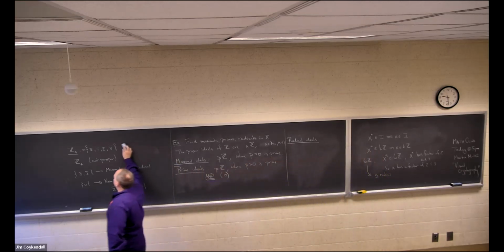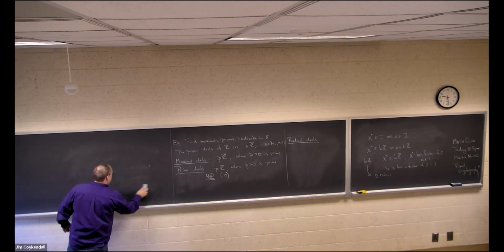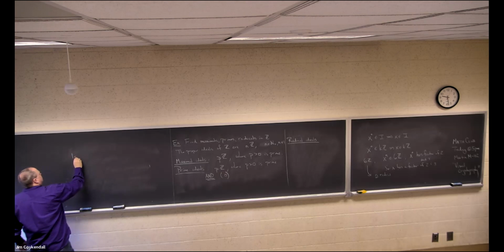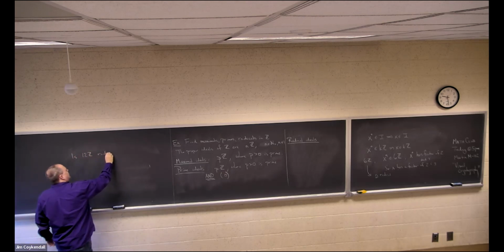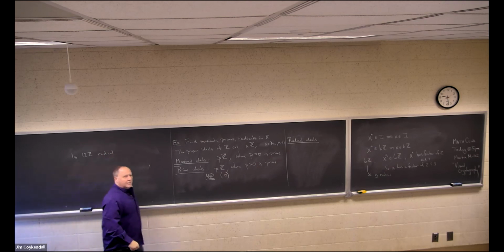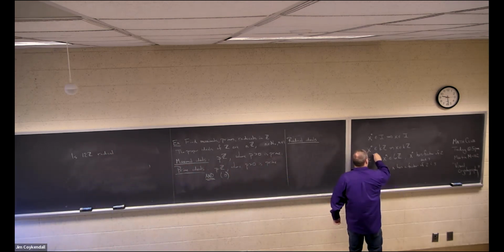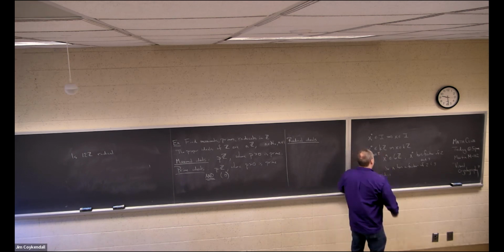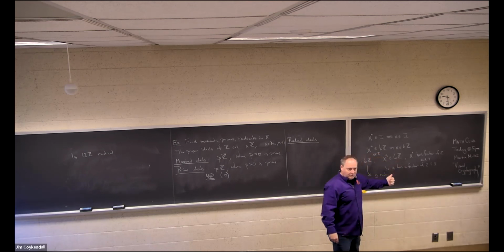Let me ask you this, what about 12Z? Six is radical because if you have any integer x and a large power of x ends up in here, then that must mean that large power of x has a factor of 2.